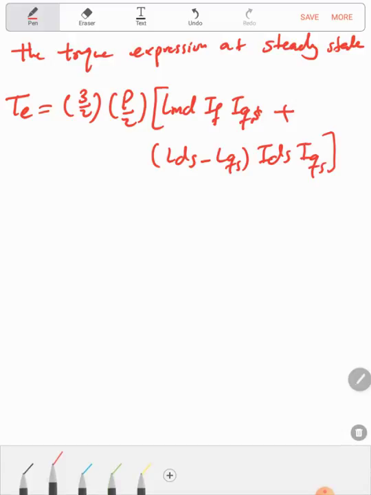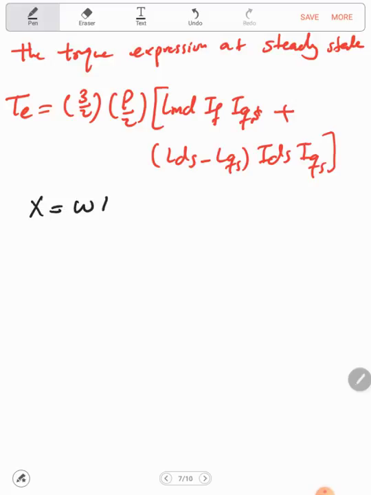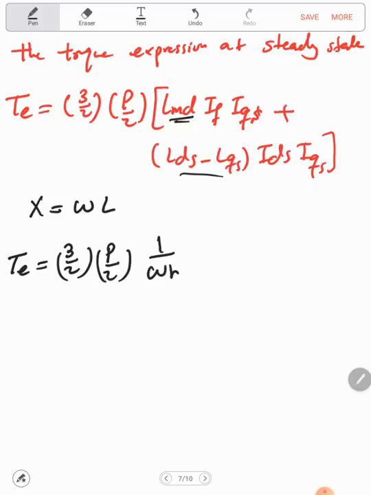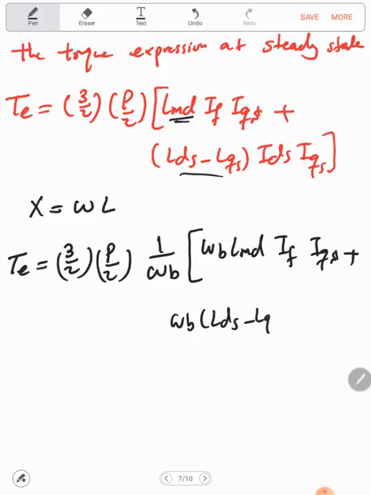Now we can also rewrite the torque in terms of the reactance. We know that X is equal to omega L, and here we have L and L. So if I multiply by omega and divide by omega, the torque can be written in terms of the reactance. So TE can be written as 3 over 2 P over 2 times 1 over omega base, and here I multiply omega base by L MD IF IQS plus omega B times L DS minus L QS times I DS IQS.